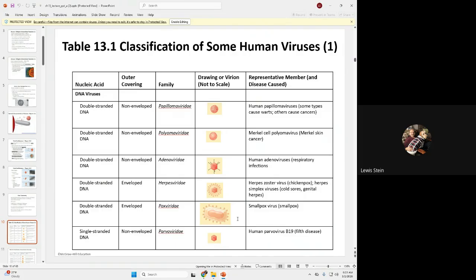What are they? Oral herpes, genital herpes, chickenpox, zoster, which would be the zoster, shingles. Epstein-Barr, most common result, mononucleosis.